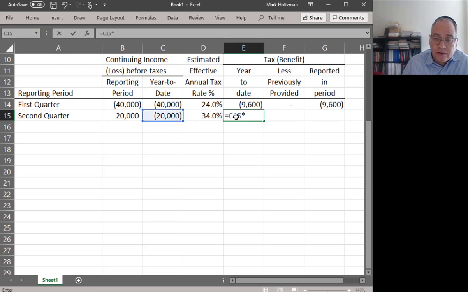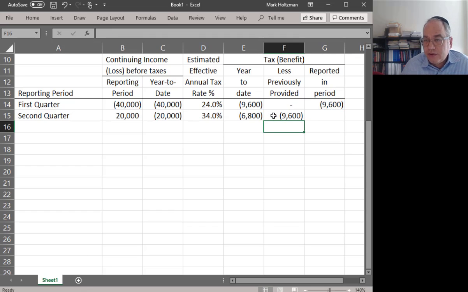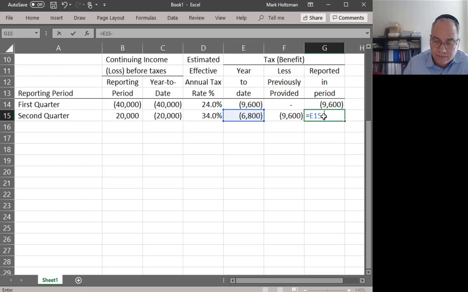So we would expect a full tax benefit now of $6,800. But we previously recorded a $9,600 tax benefit. So now I would have to cut down that tax benefit and record a $2,800 negative benefit, i.e. a tax provision of $2,800 in the second quarter.